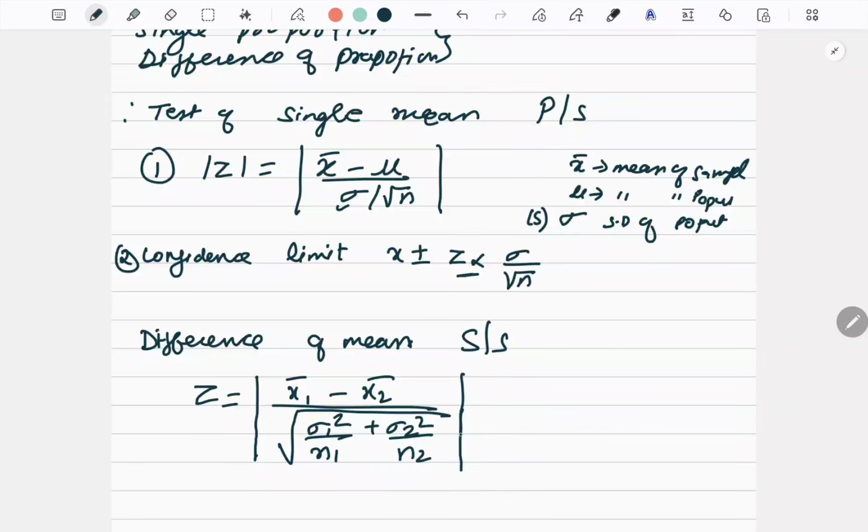Sometimes they give two samples with different standard deviations. But sometimes when the samples are from the same type of population, their standard deviation is the same. So that time they'll give only one standard deviation, sigma. So in place of sigma 1 you put sigma, and in place of sigma 2 also you put sigma.